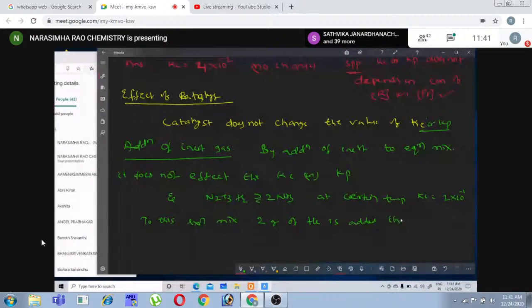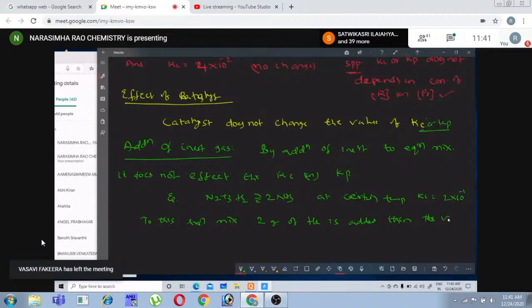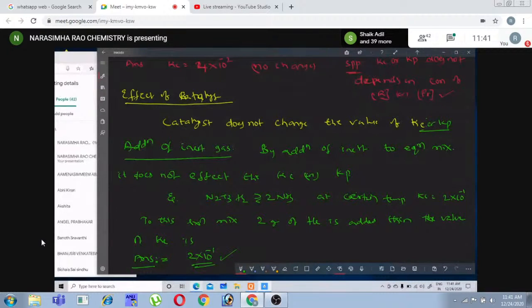Then the value of Kc, my answer is same, no change, that is 2 into 10 power minus 1. Children, clear now? It's clear now? Yes, sir.